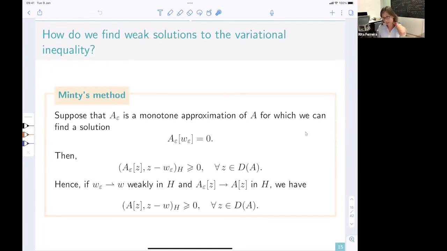The methodology that we are going to follow is the very well known Minty's method, in which the idea is you have to cook up a monotone approximation of your original operator.